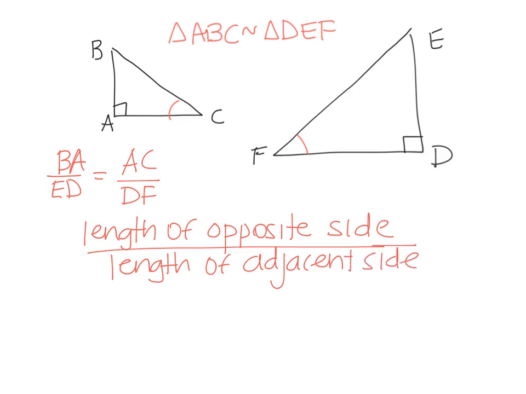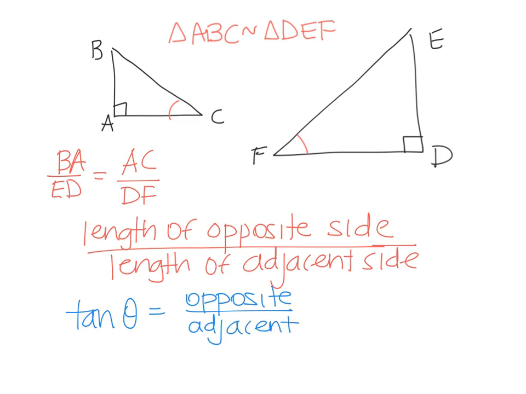All right, so if I think about this in terms of tangent of my angle, again, that's theta, 0 with a line in it. Tangent of theta would be my opposite divided by adjacent. Okay, and so we've talked about sine, cosine, SOHCAHTOA. This is where we get TOA.